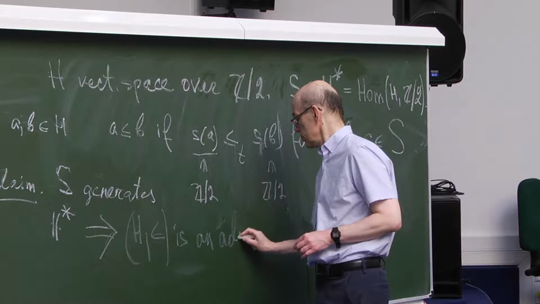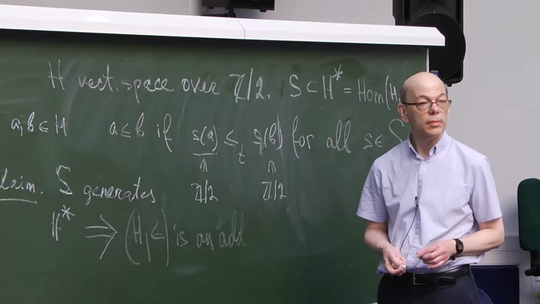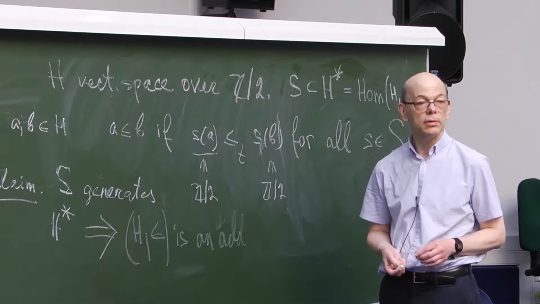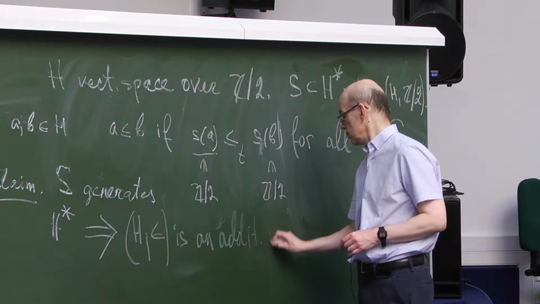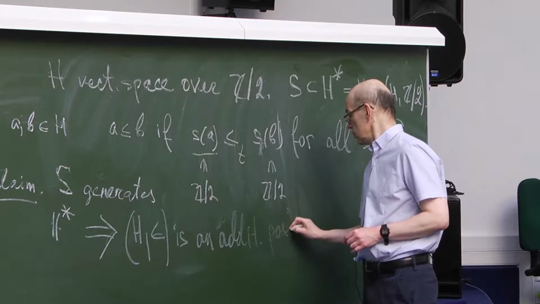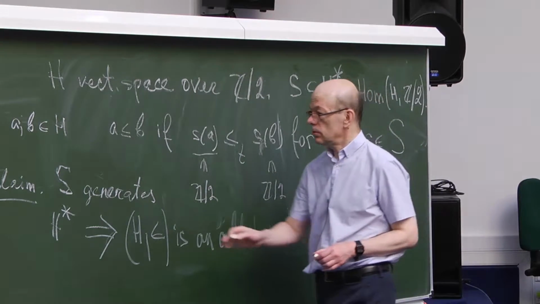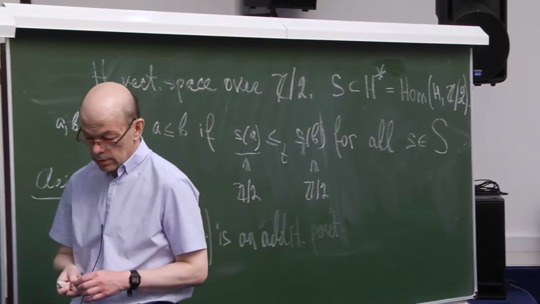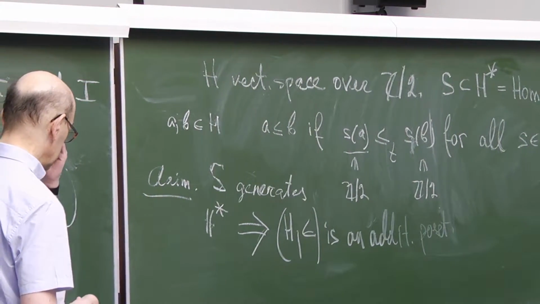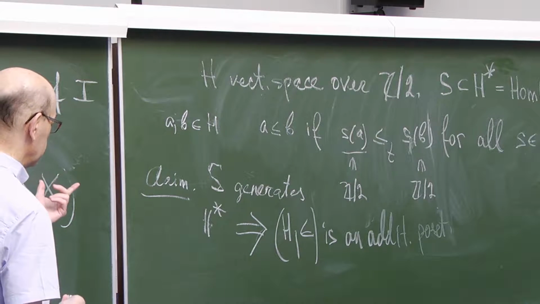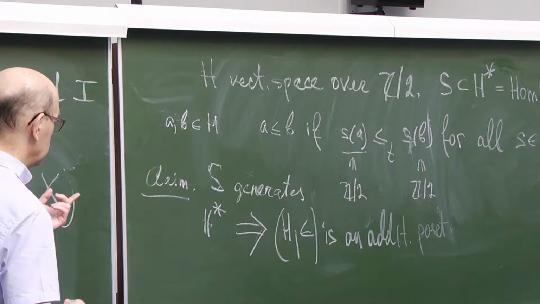Is it possible to consider homomorphisms not to Z2 but to another A? Yes, it is possible. So this is an additive poset. So each time when you have a subset of the dual vector space which generates this vector space, for example, which means it includes a basis, then you get an additive poset.